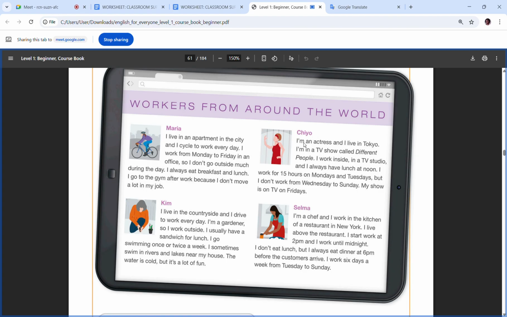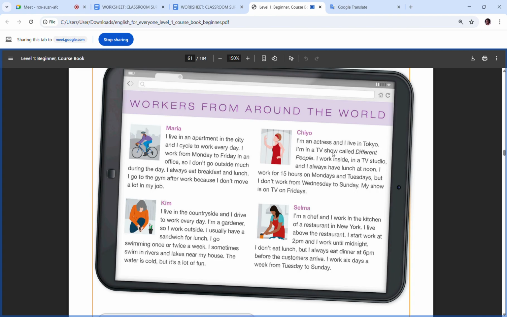Cheer. Here, I'm an actress and I live in Tokyo. I play in France and I live in Tokyo. I'm in a TV show called Different People. Different people.